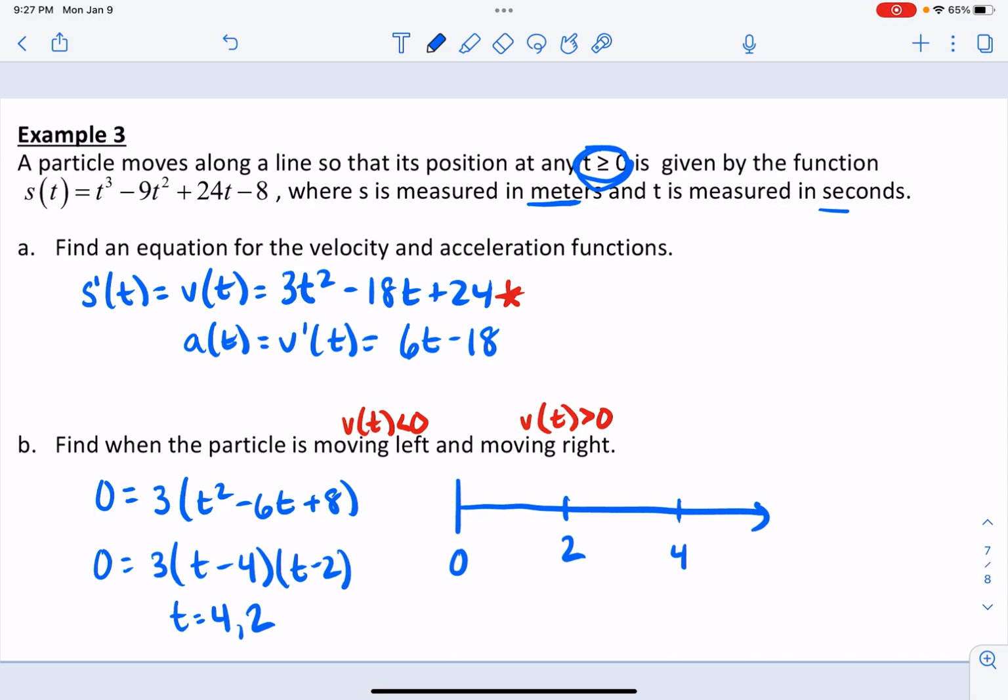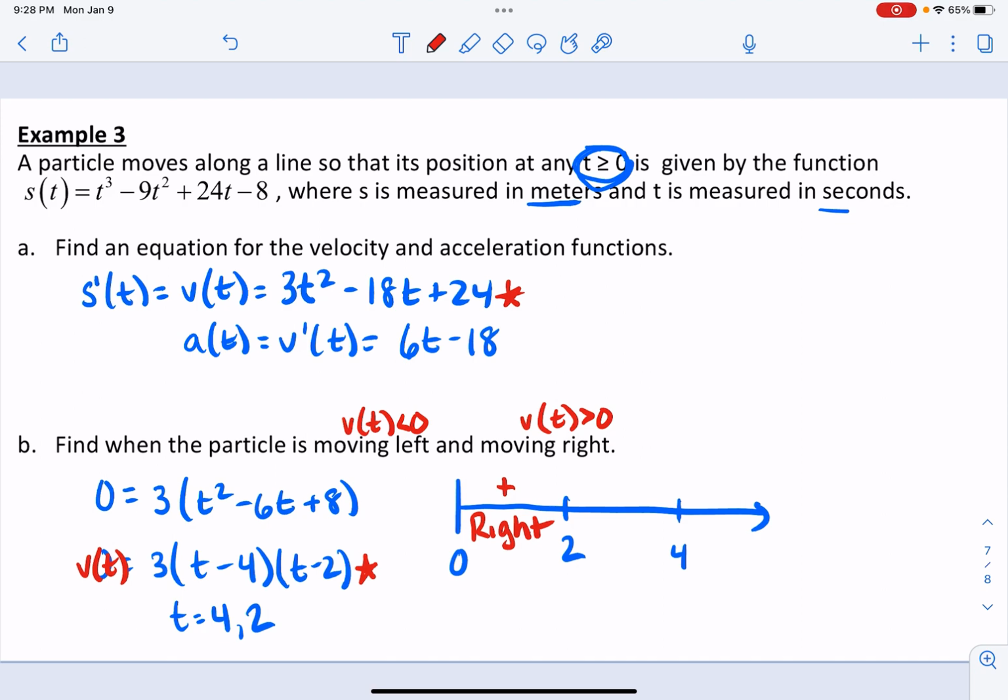So what you do is you have to figure out what the sign of your velocity function is. So I plug in a number between 0 and 2. So if I plug in 1 into this velocity function here, say this is set equal to v of t, I figure out, am I positive or negative? If I plug in 1 there, I get a negative times a negative, so that's a positive, so I'm moving right.